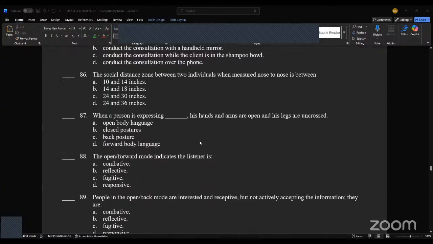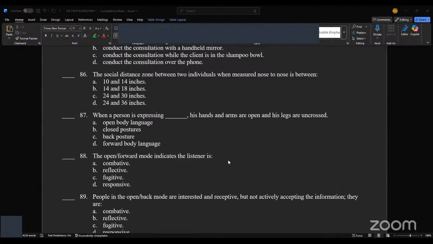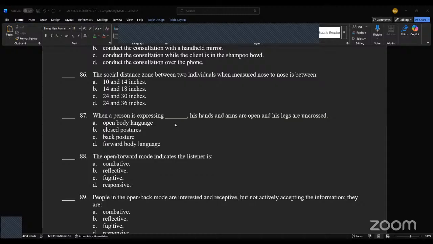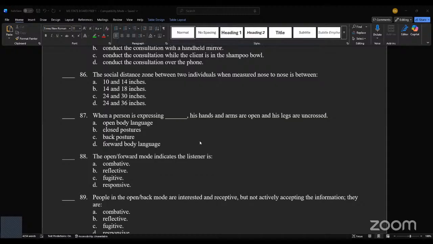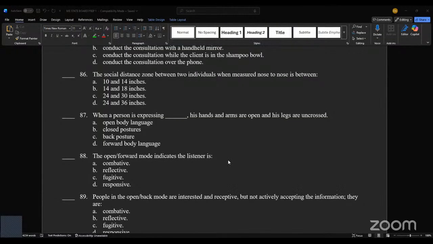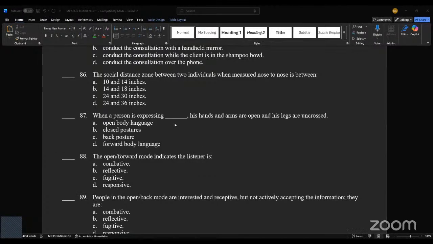86, the social distance zone. Social distance between two individuals when measured nose to nose is between 24 to 30 inches. Give me my space, give me my space. And so sometimes when you have students cramped up in a classroom, students can get irritated.